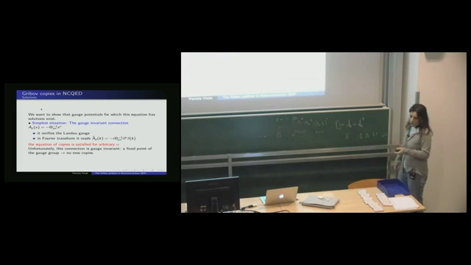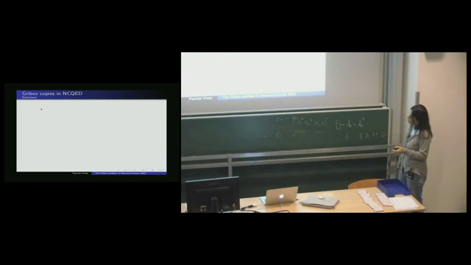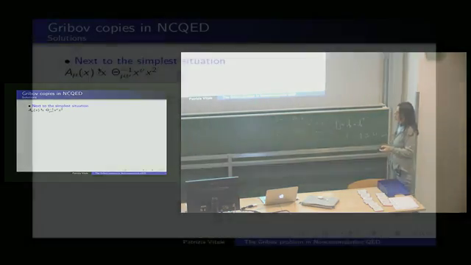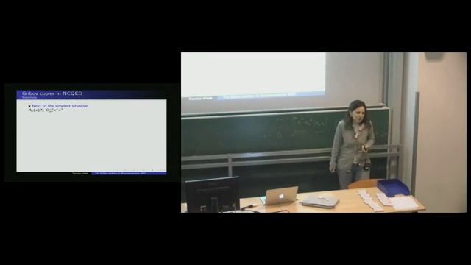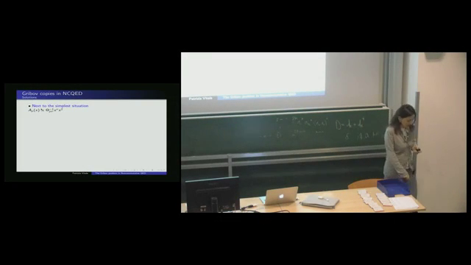So no new copies. So what is the next to the simplest situation that we chose? We keep going with our polynomials in X because we like delta functions, because in that case it will be easier to solve my Fredholm equation.